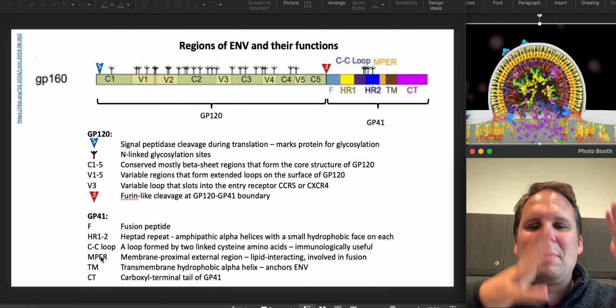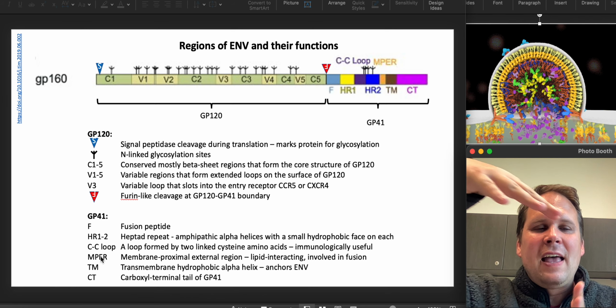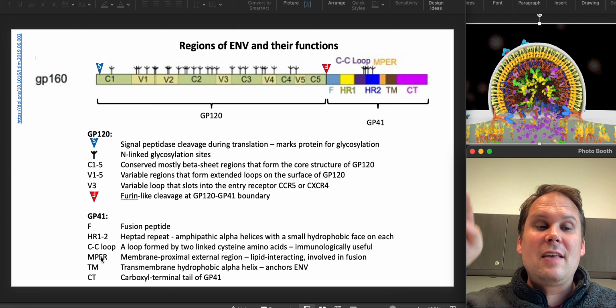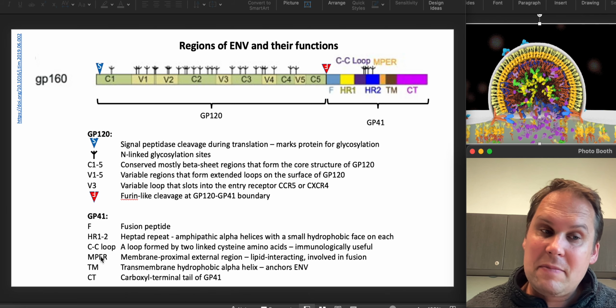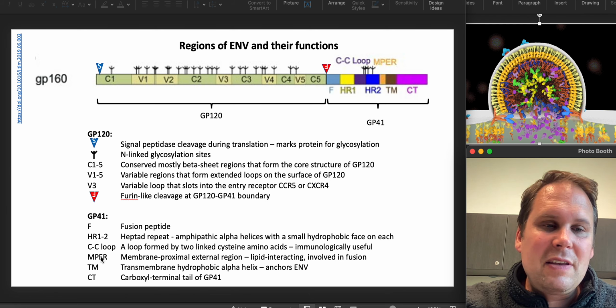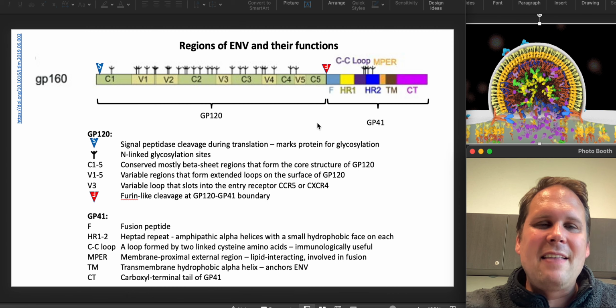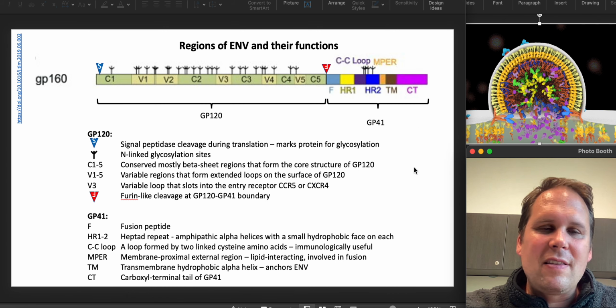It's going to splash some of those up toward the cell and actually create a little bridge and merge the cell membrane and the virus membrane. When you make mutations down here, that is the process that no longer happens. All the other things work, but that part does not work. And then CT is the C-terminal region. That's like the tail that's going to hang down inside the virion of HIV.